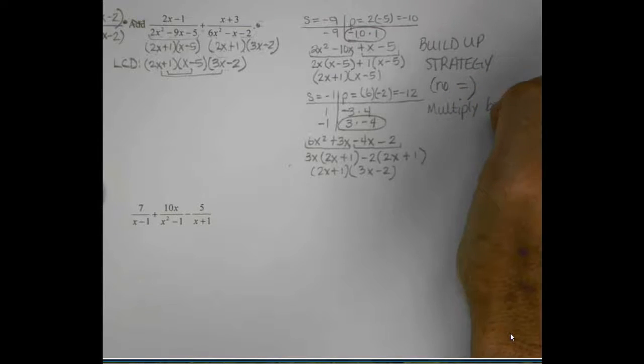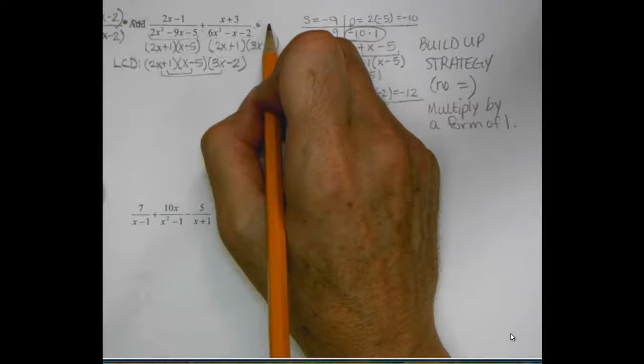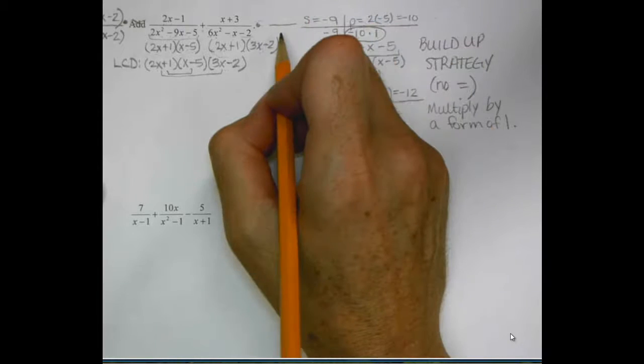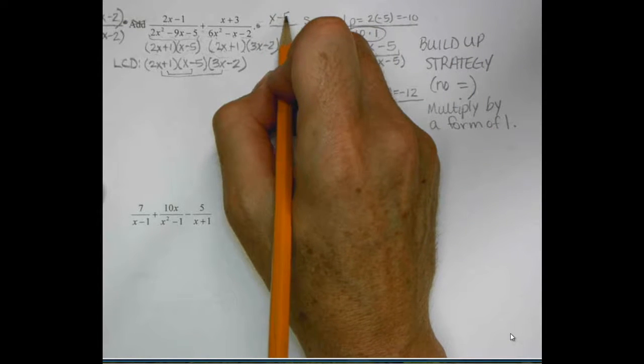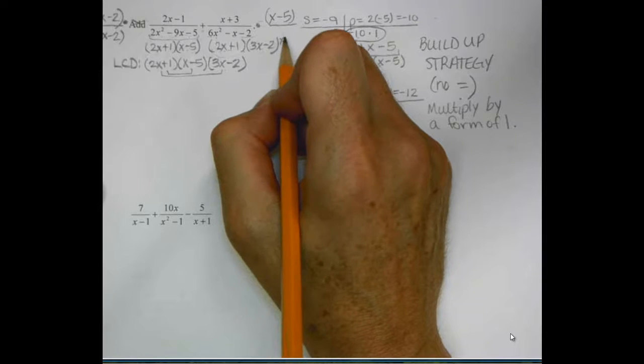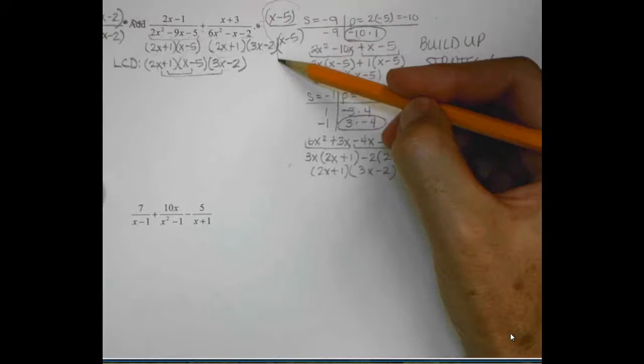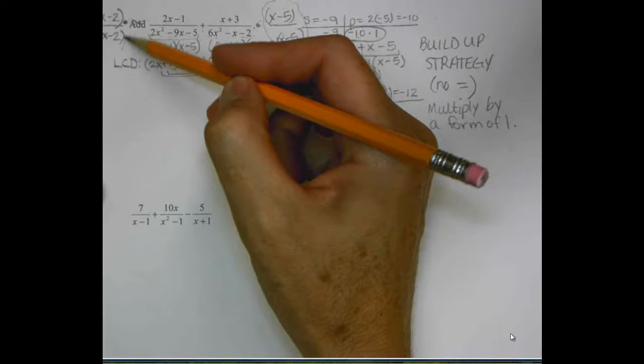I'm going to write that because it's very important. Multiply by a form of 1. And when I say a form of 1, we're talking about something that reduces to 1. So x minus 5 for the numerator and the denominator as well. There I've got a form of 1 here and a form of 1 here.